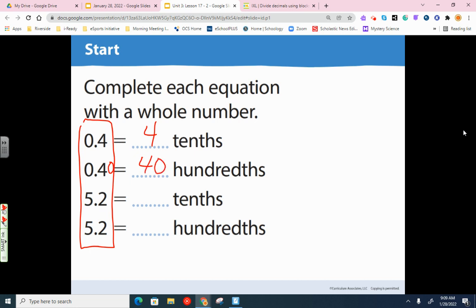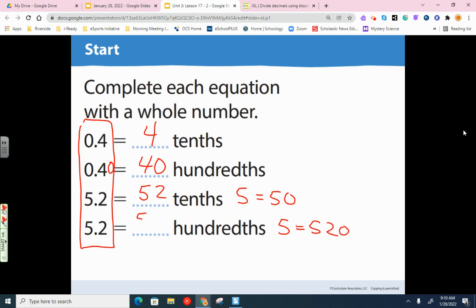For this one, each whole number would equal 50/10 just on its own, plus the 2/10 there, that'd be 52/10. And this 5 would be 520/10, or hundredths, excuse me.